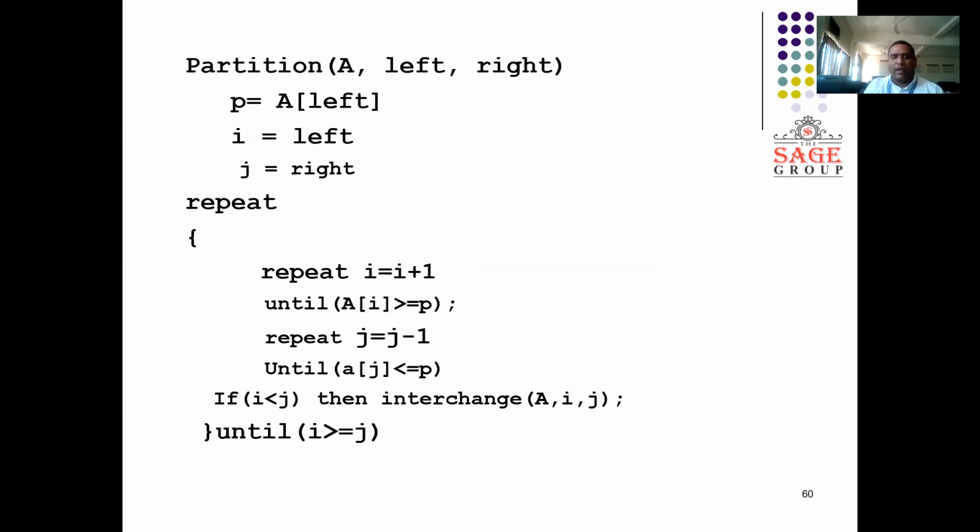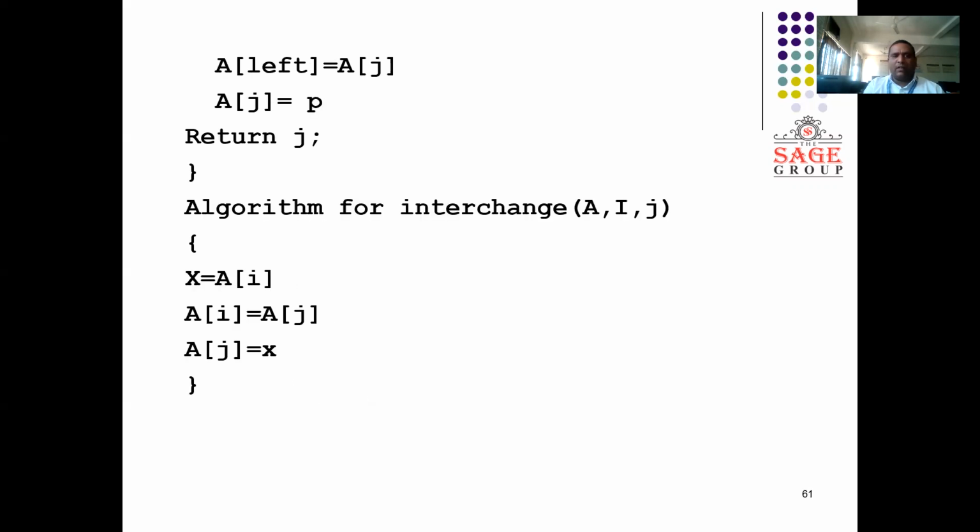This is comparing. If i is less than j, then interchange the values. We are discussing interchange in the next slide. Continue until i is greater than or equal to j. This is the base condition. Then a[left] equals a[j] and a[j] equals p at the last position, and return the value of j.